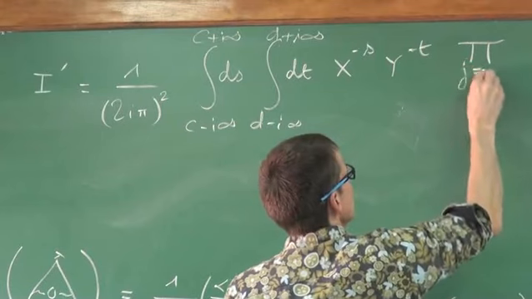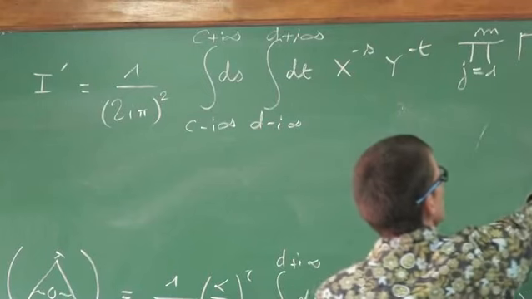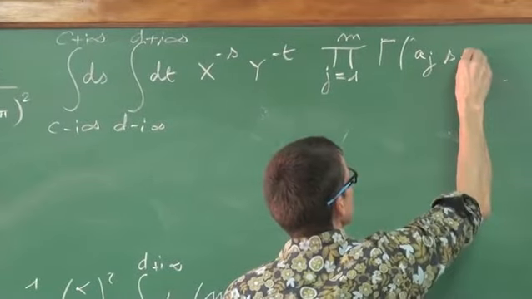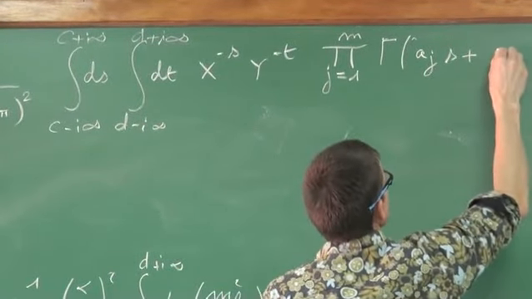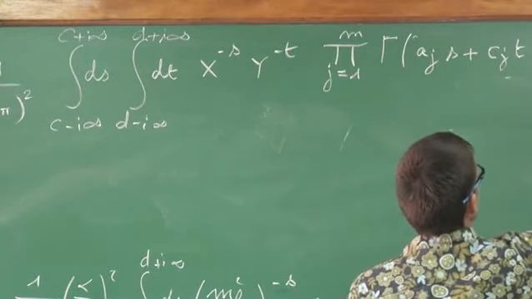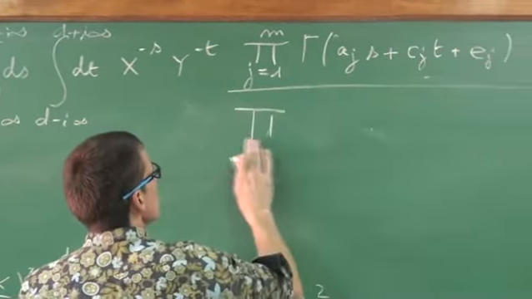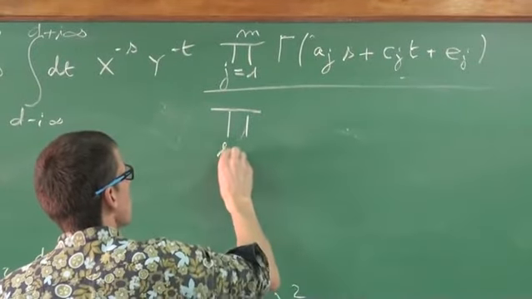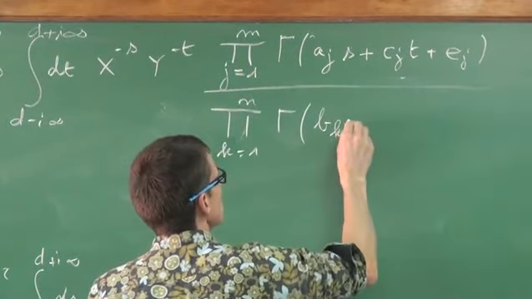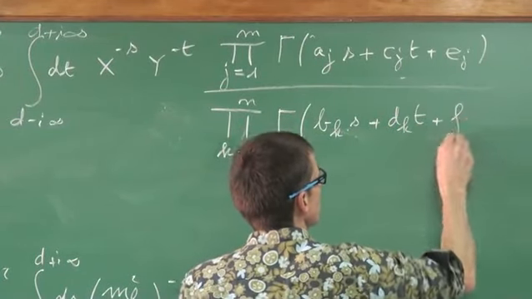Well, our product now is on gamma functions having two coefficients s plus c j t plus b j divided by the product k equal 1 to 10 gamma of b k s plus d k t plus f k.